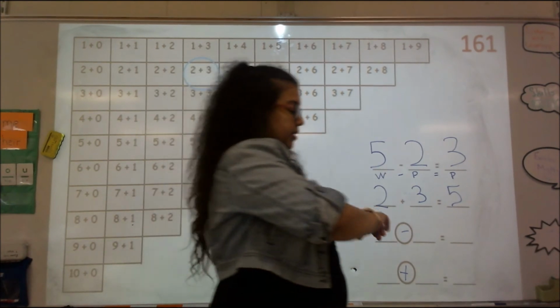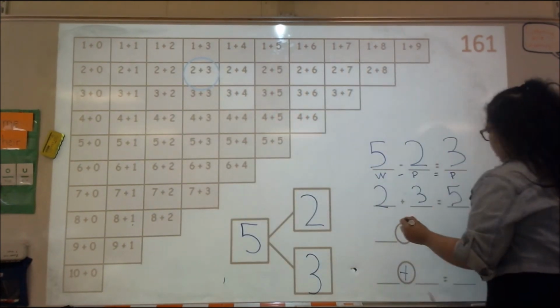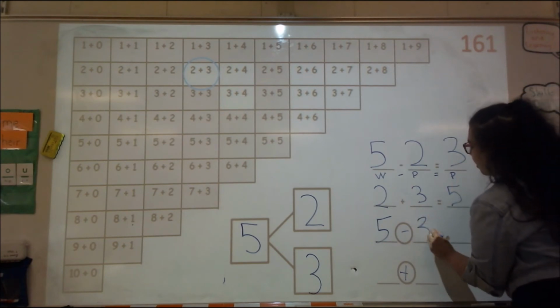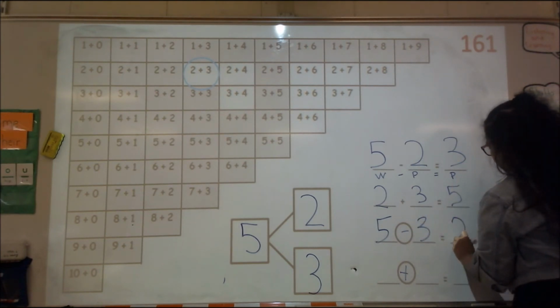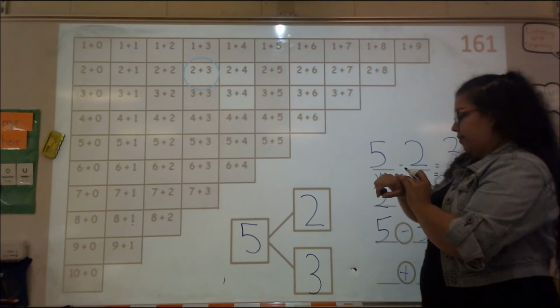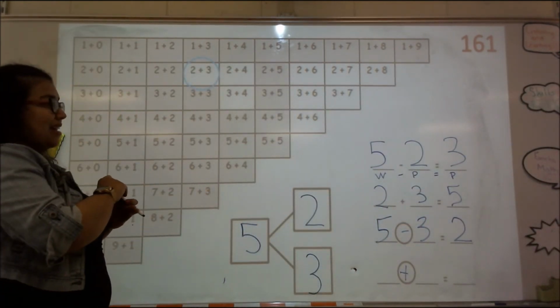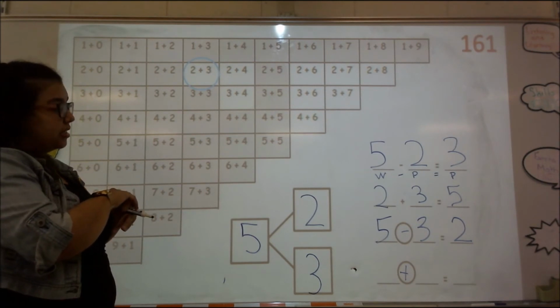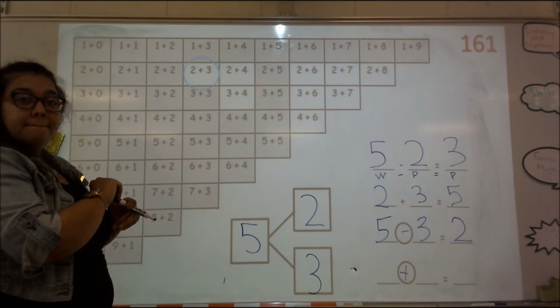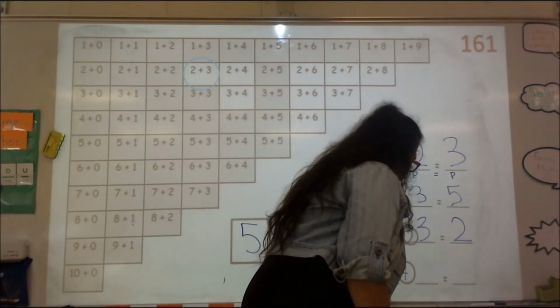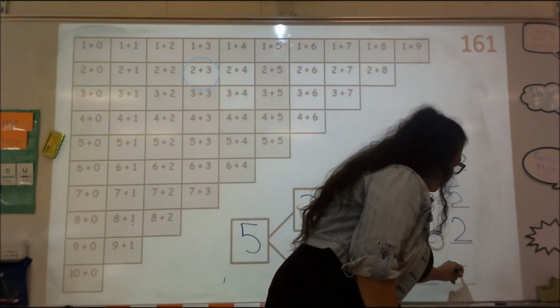Let's write the number sentence to match. 5 minus 3 is equal to 2. Good job. And the remaining addition sentence is what? Yep, we'll start with the 3. 3 plus 2 is equal to 5.